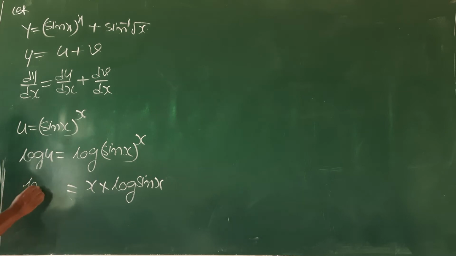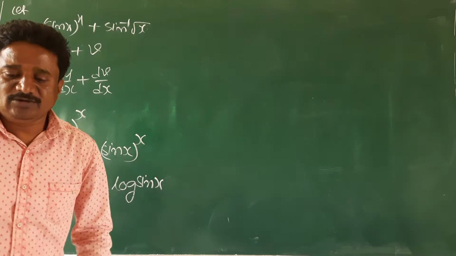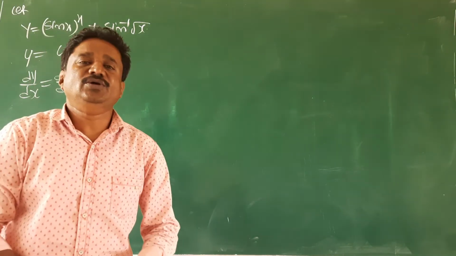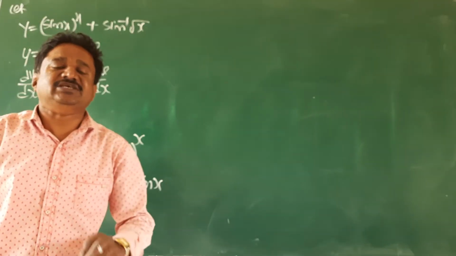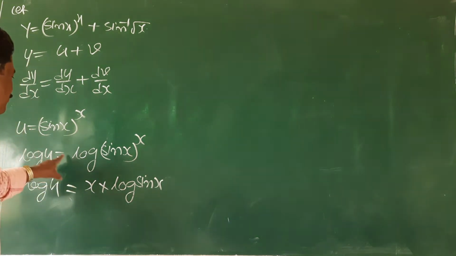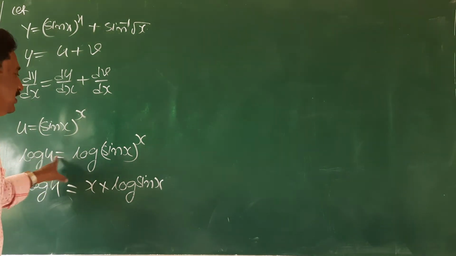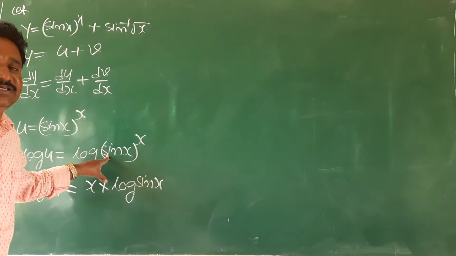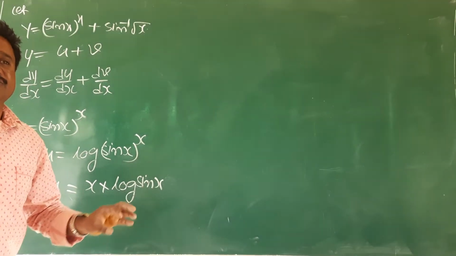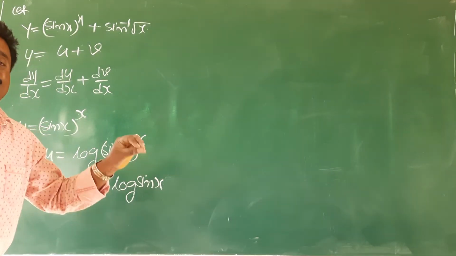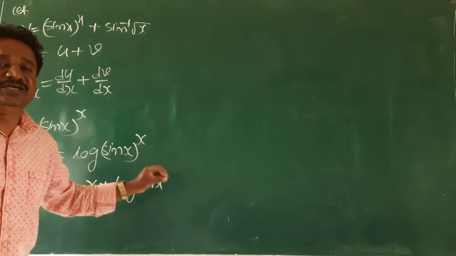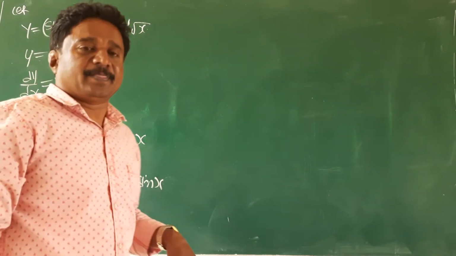You should not do this. One thing I would like to tell you: you should not differentiate the left side keeping the right side as it is. It is not the correct method. If you wish to differentiate, you must differentiate both sides at a time.